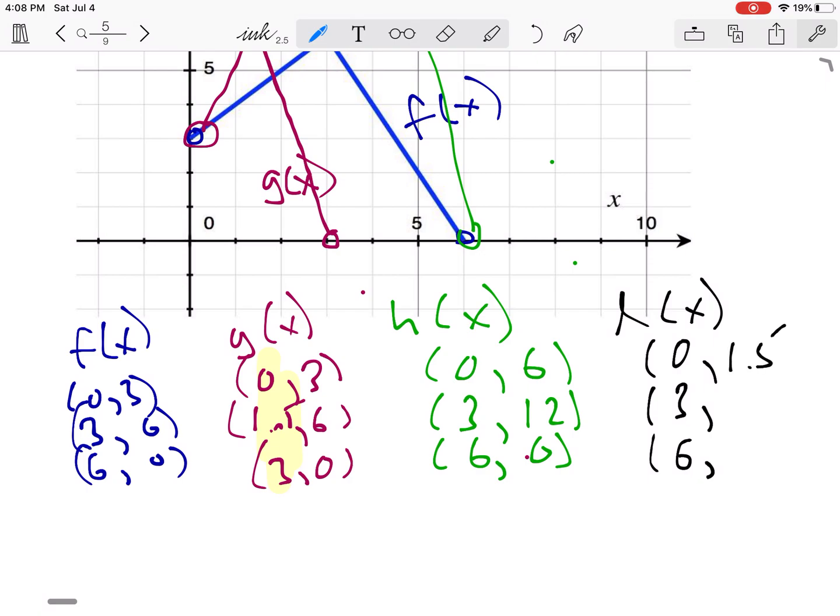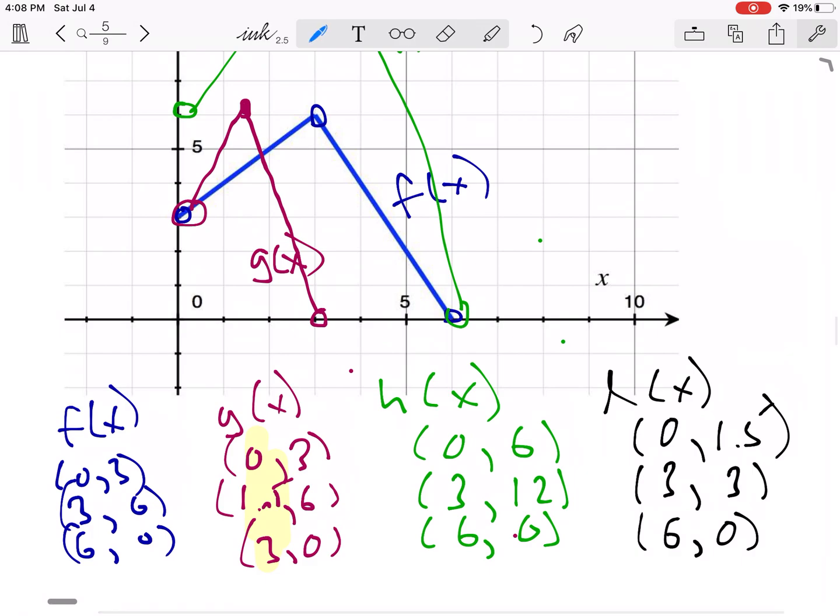So 1.5, 3, and 0. So you get 0, 1.5, 3, 3, and then 6, 0. Okay, so 6, 0 here is your invariant point. And so that's Lx.